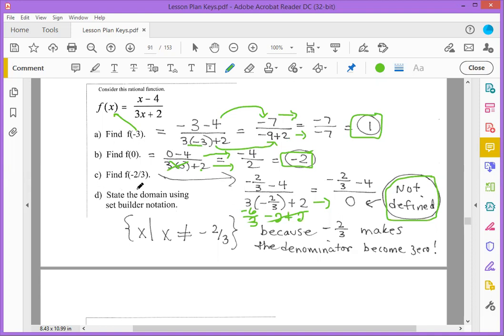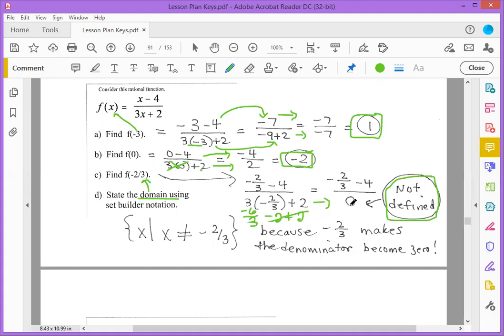Part D, state the domain using set builder notation. Remember, we find our limitations based on when our denominator is equal to 0. And we actually just found that when we solved the problem for letter C. Our x coordinate could not be negative 2/3 because when it was negative 2/3, the denominator was equal to 0.